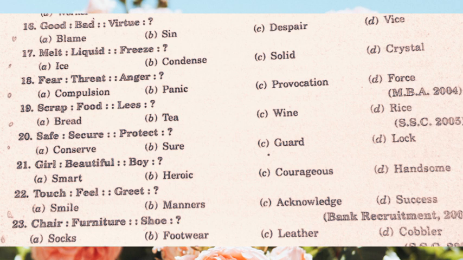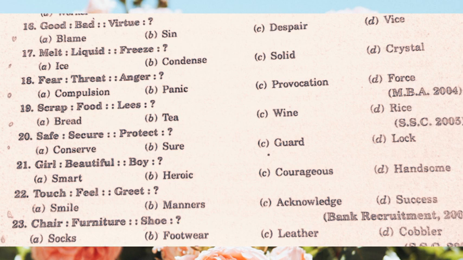Now the 18th question, that is the third question. Fear, threat, anger is what? Fear is an emotion that we feel in us. Threat is a situation of danger, the scenario or surroundings which makes a person fear.